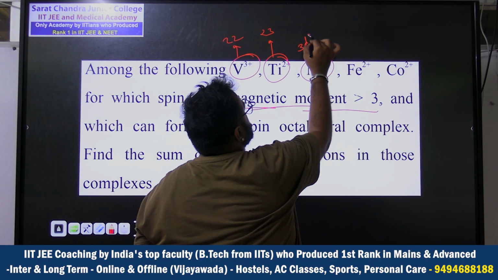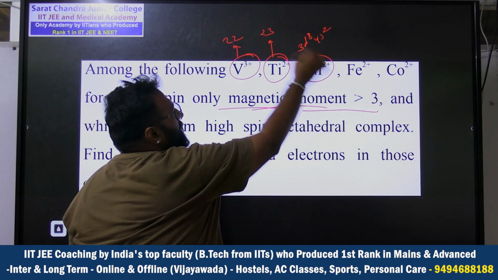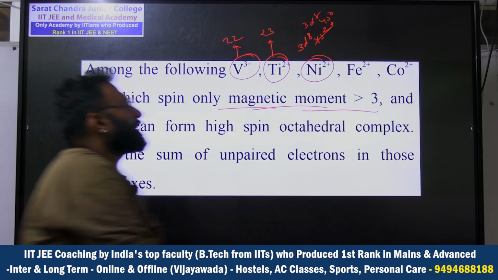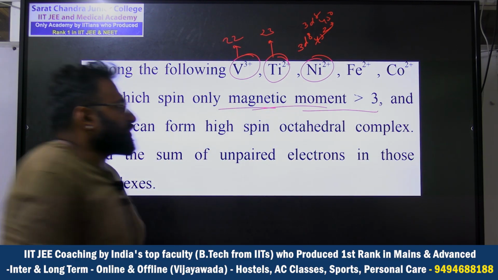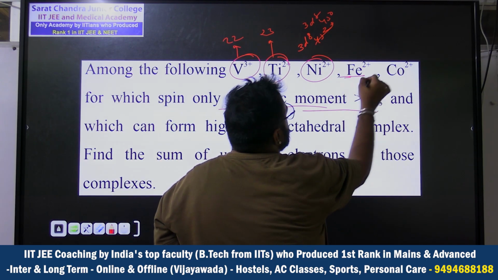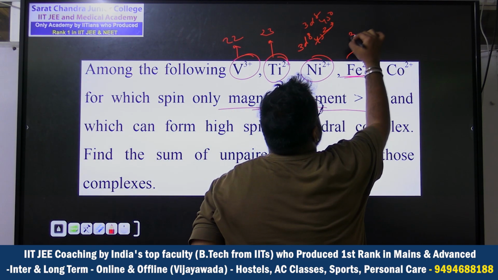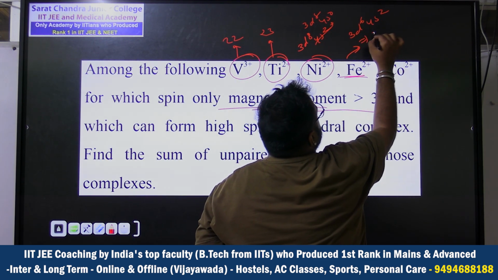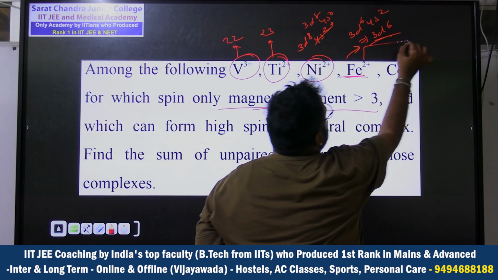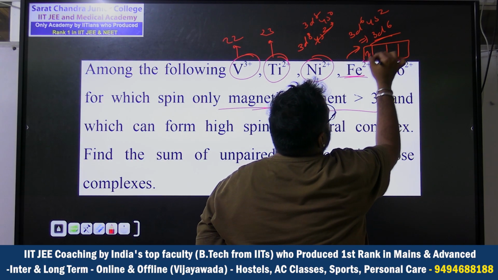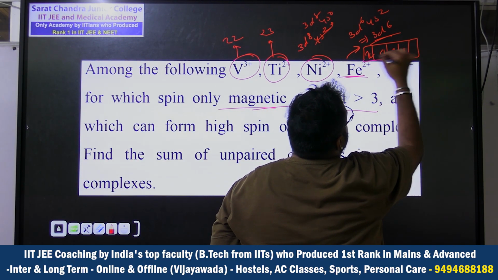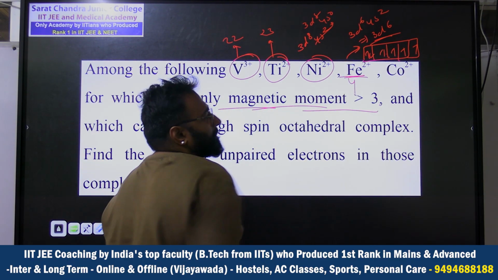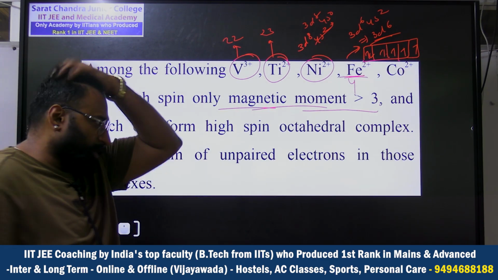Nickel 3d8 4s2, plus 2 means 4s0 3d8. So the number of unpaired electrons is only 2, so this option is also not possible. Fe will be 3d6 4s2. In 3d6, how many unpaired electrons will we have? 4 unpaired electrons in this, correct?